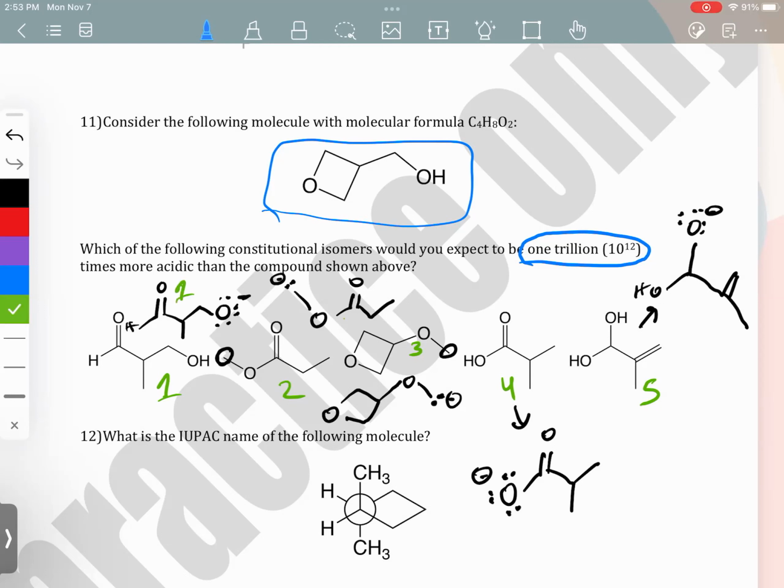So this is, again, 1, 2, 4, 5. Which of these conjugate bases is more stable? Remember, you want to take into account everything that can stabilize a molecule. With acid-base reactions, we learned 4 types of stability. The more electronegative the atom, the more it can handle the negative charge.